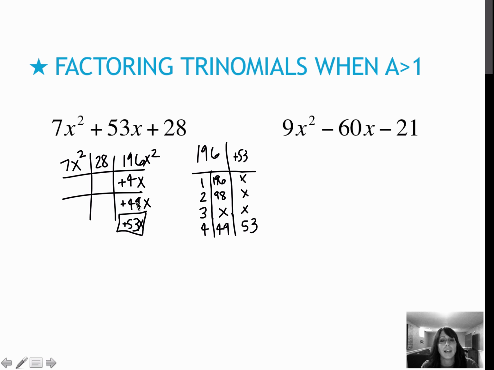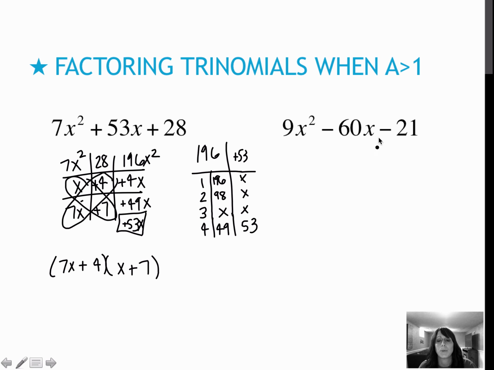The 49 can only be 1 and 49 or 7 times 7, and obviously the 7 times 7 makes sense. This would have to be 1x, and this would have to be plus 4, and that makes all of my multiplication work. So my answer would be 7x plus 4 and x plus 7.